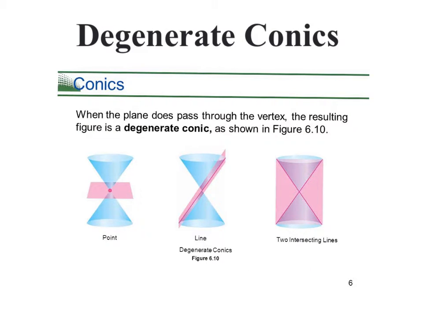A horizontal plane right through the vertex gives us just a single point. If the plane lines up just right on the edge of the cone, we get a line, and a vertical plane slicing exactly through the vertex gives us two intersecting lines.